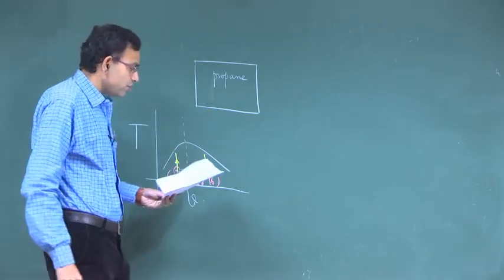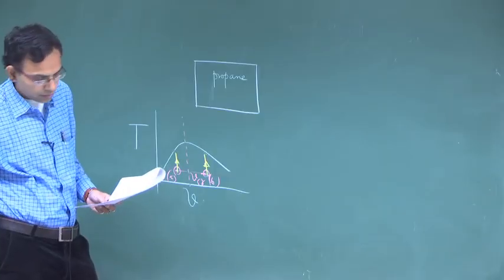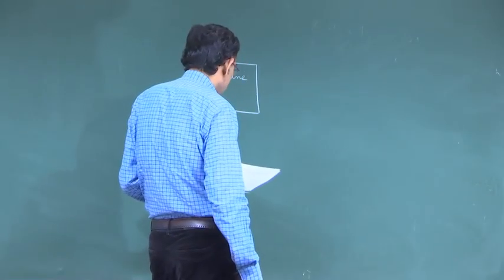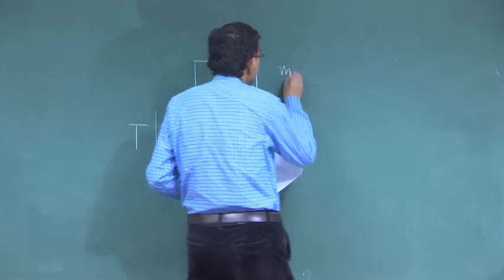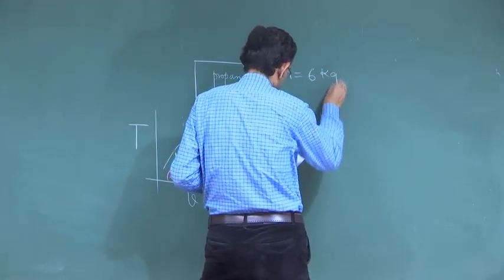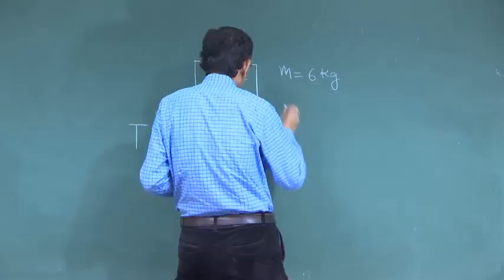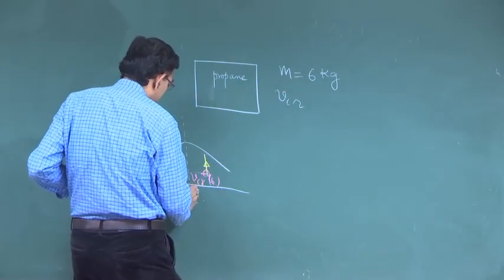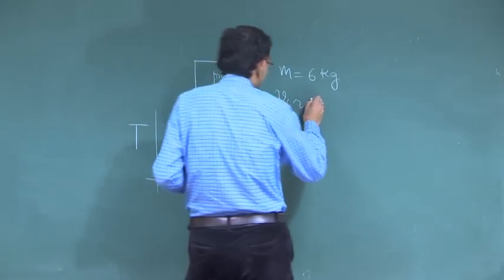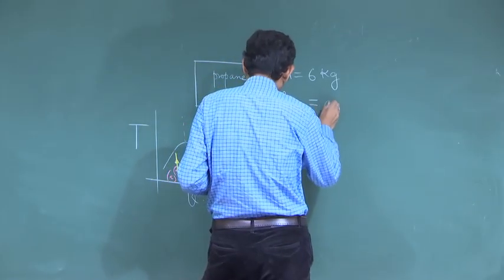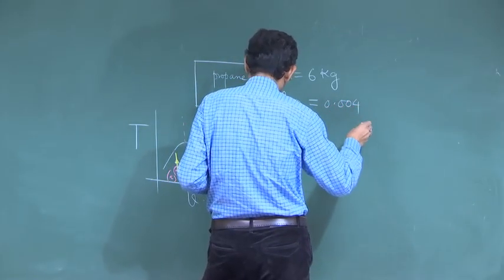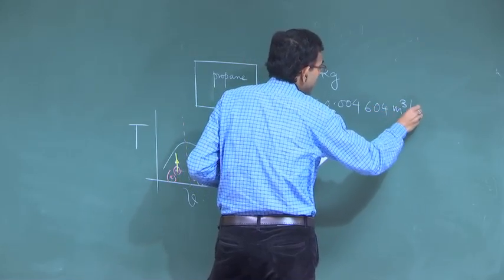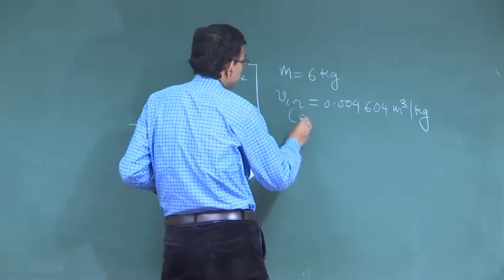So, now let us look into the problem data. In the problem data you have m equal to 6 kg. It is given that the critical specific volume of propane is 0.004604 meter cube per kg. This is given.